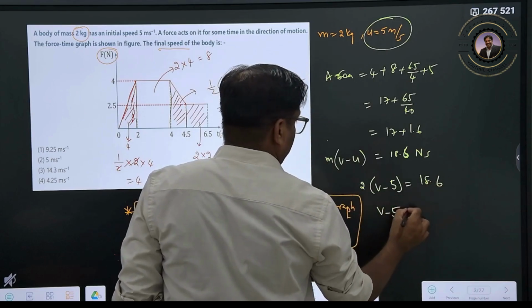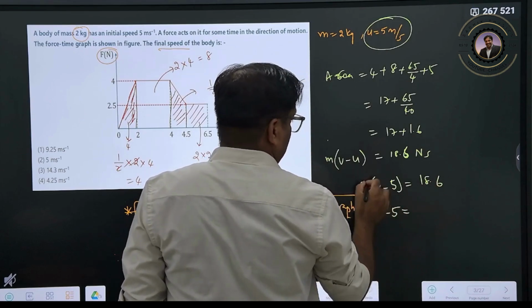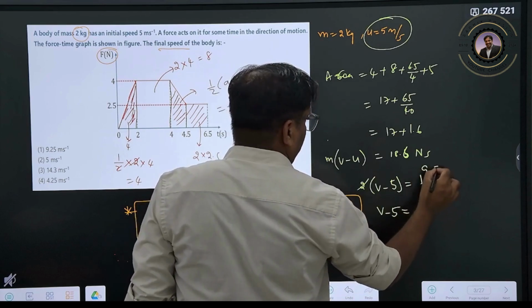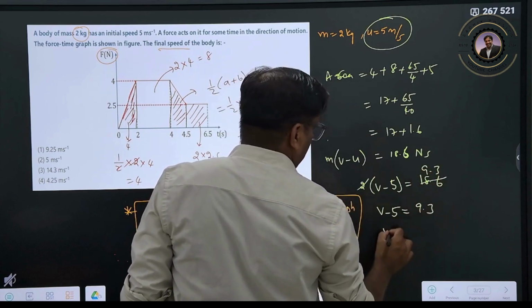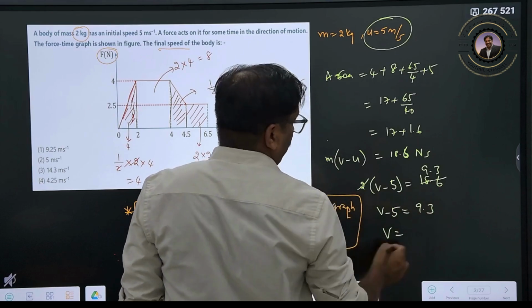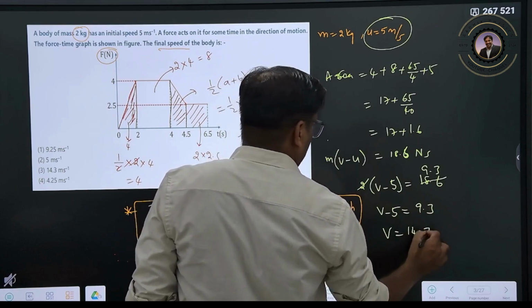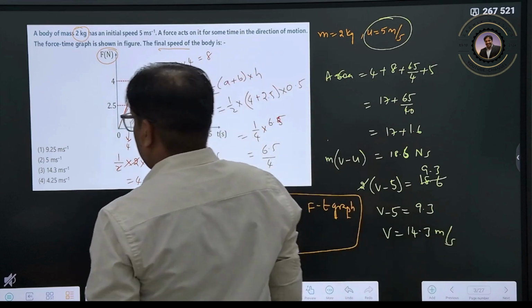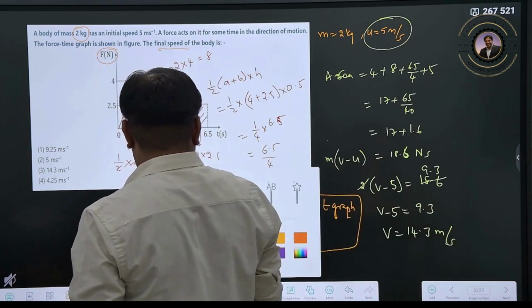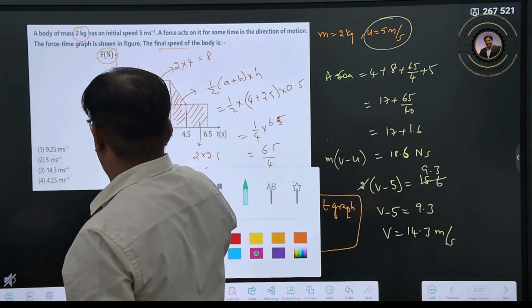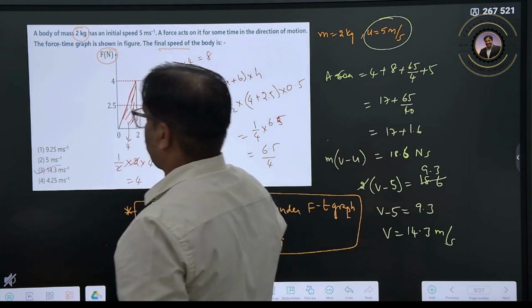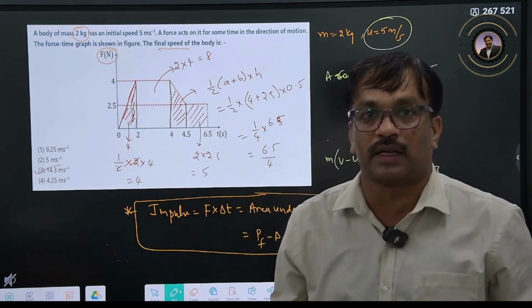So v minus 5 is 18.6 by 2, that is 9.3. V equals 5 plus 9.3, which is nothing but 14.3 meters per second. Therefore the third option will be your correct answer.